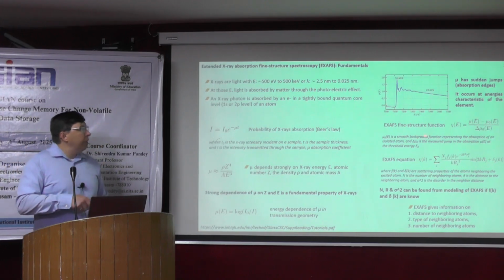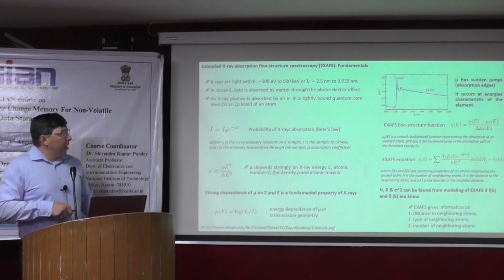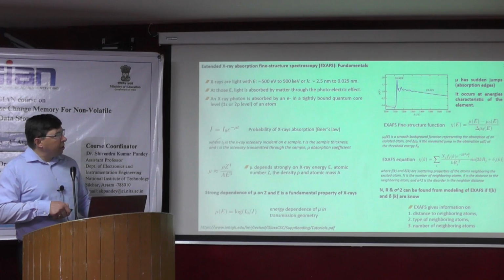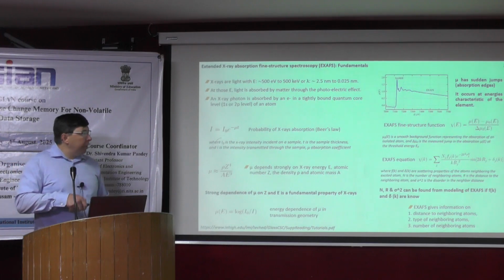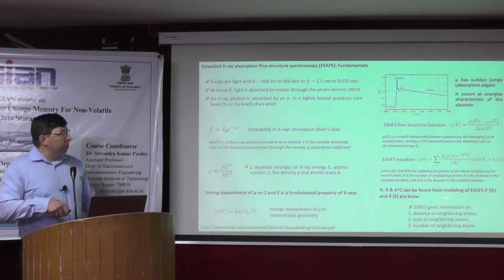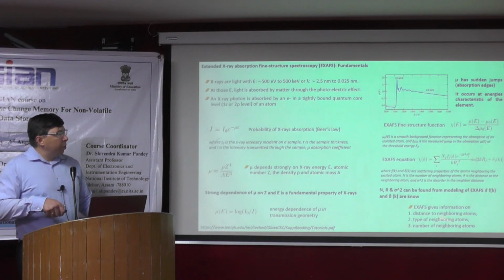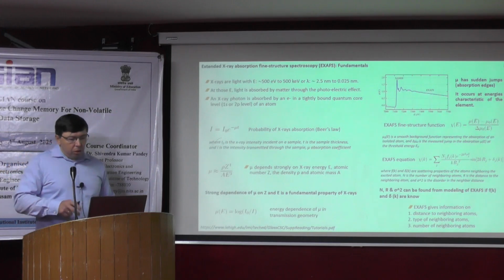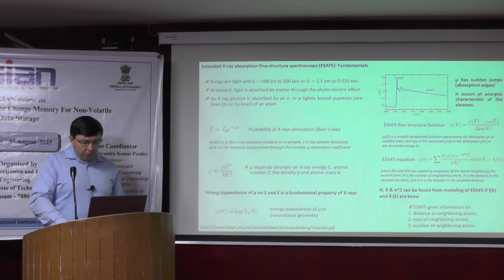And then from this data, you can extract mainly the information on distance to the neighbor atoms, type of the neighboring atoms, and number of neighboring atoms. So it's a very important method for the study of amorphous materials.